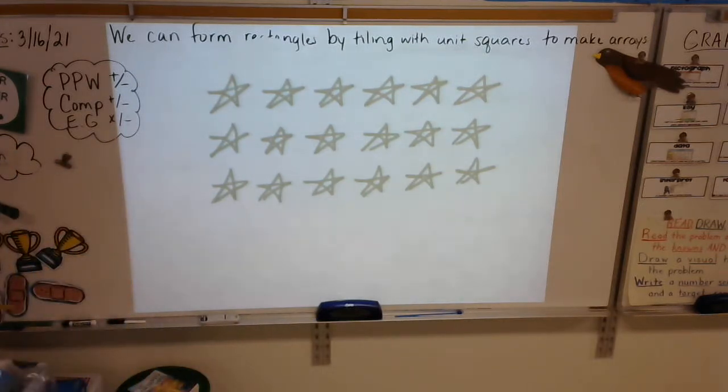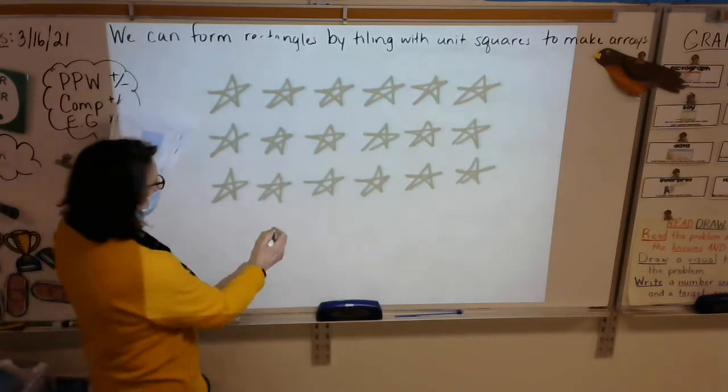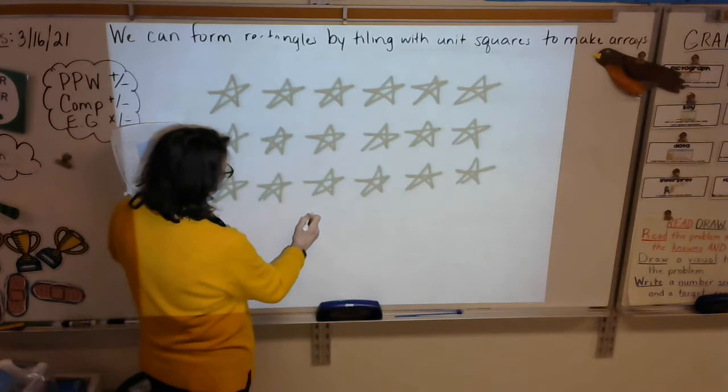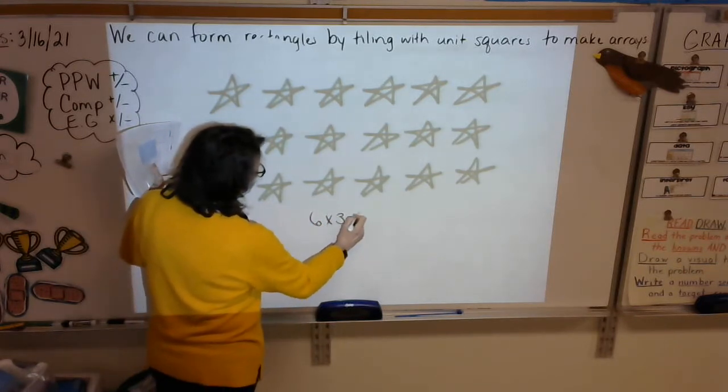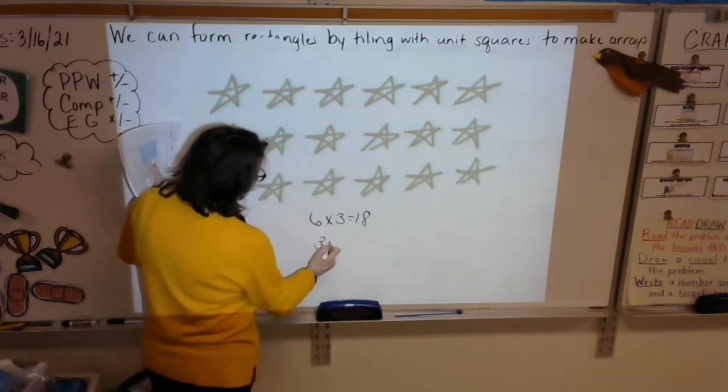You guys are really speedy this morning. Corbin, what 2 multiplication equations are you going to write for this one? Well, I wrote 6 times 3 equals 18, and 3 times 6 equals 18.